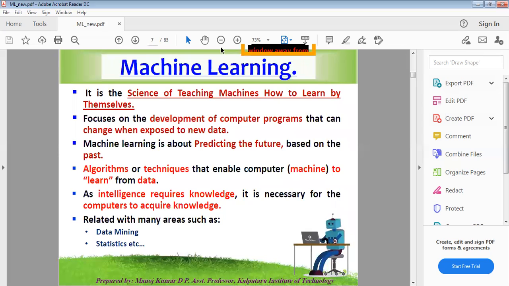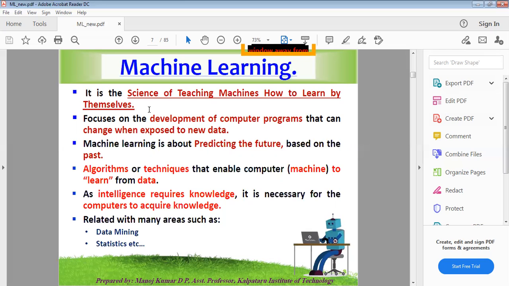So under machine learning, now you see, it is a science of teaching machines how to learn by themselves. We are teaching the machines. We are giving a step-by-step procedure for them to learn themselves. You have to do this, you have to do this, you have to do this: first step, second step, third step.